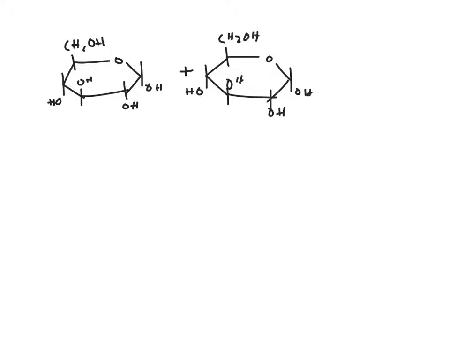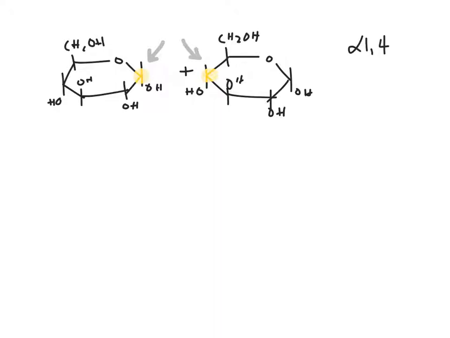And remember when I said we did alpha 1,4 bonding, alpha 1,4 linked? We'll take a look at your carbon here. That carbon there is 4, and the carbon here is 1. So this carbon 1 is going to link with carbon 4.